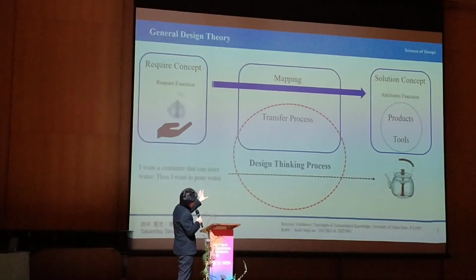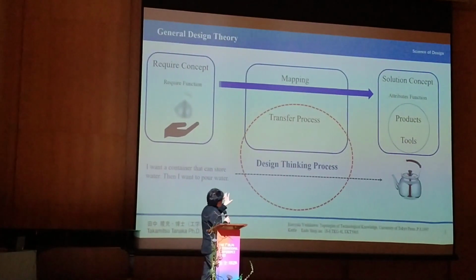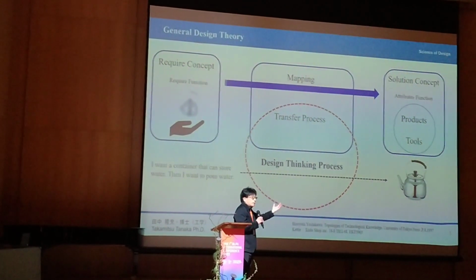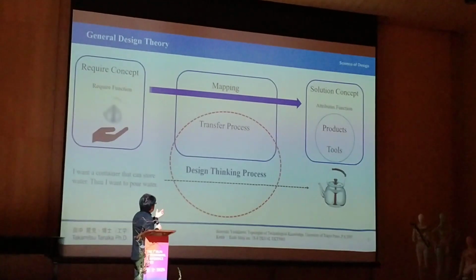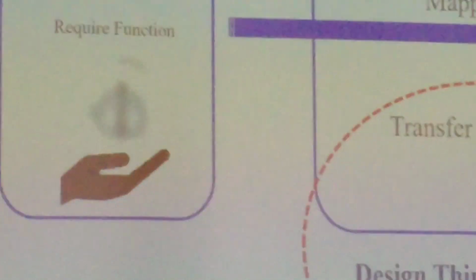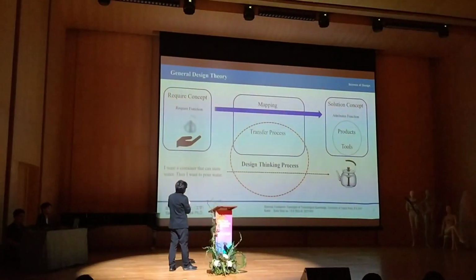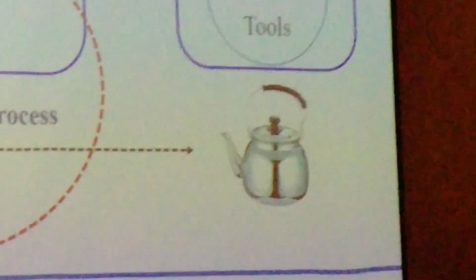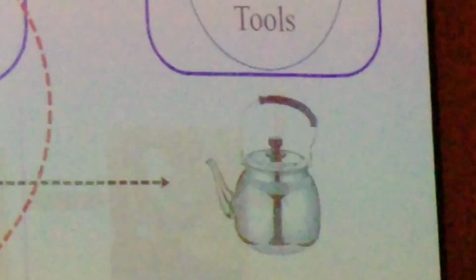After mapping, we always have to arrive at the answer, the product. For example, if I want a container that can store water, I want pure water, then we think about the answer, the kettle.